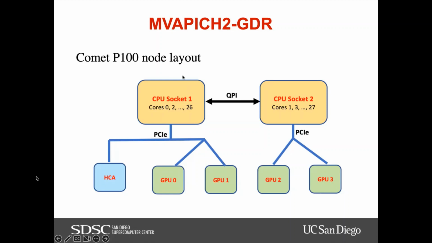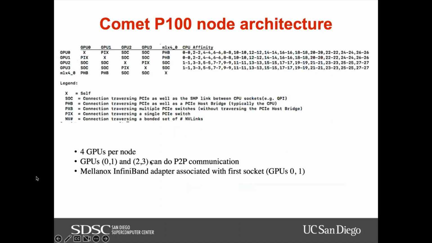What MVAPICH2-GDR, and also the OpenMPI version that has a GDR version, lets you do is bypass the CPU on the transfers, and the MPI communication is happening GPU to GPU.